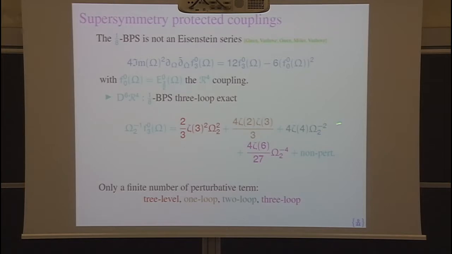Two loop, zeta 4. Three loop, zeta 6. Plus, although I just look at the zero charge sector, because there is the square of the Eisenstein series, here I have an exponential series, and this term is exponential of minus Omega 2, and there is no charge.